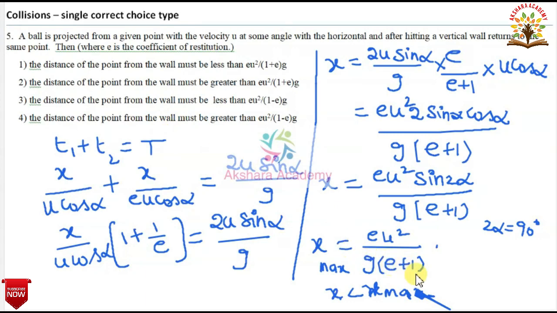So in this which option is correct? First option is correct. So the distance of the point from the wall must be less than e u square by (1 plus e) into g.